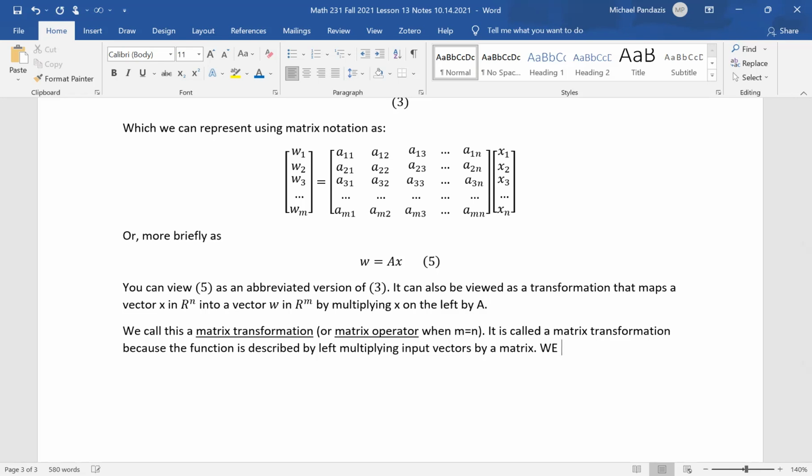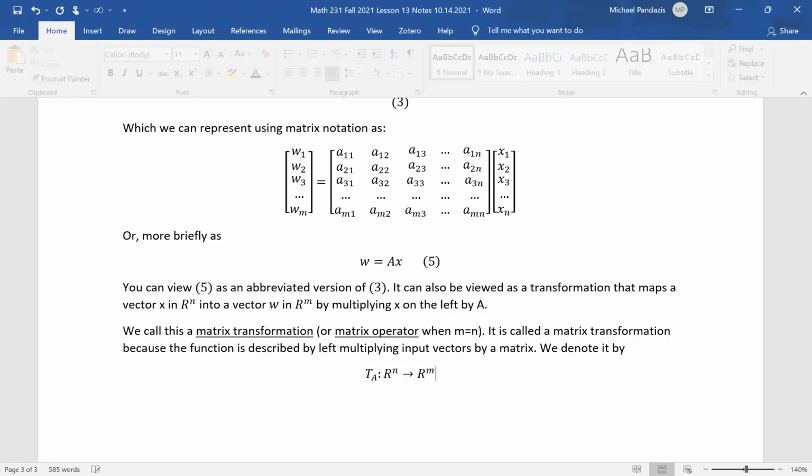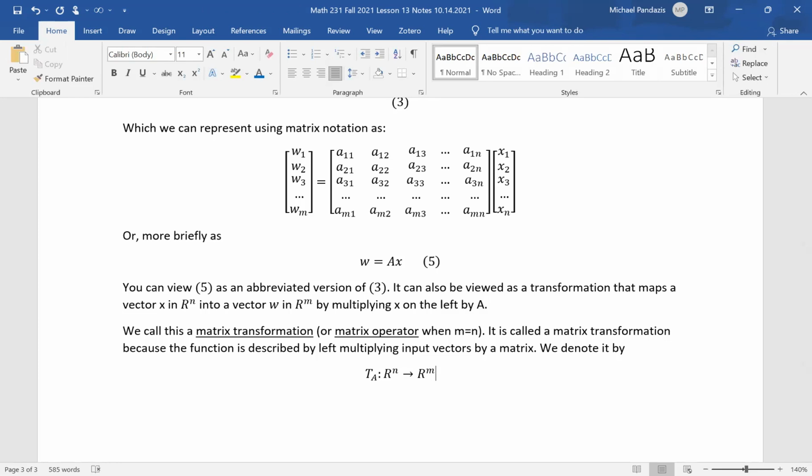Okay, so we denote a matrix transformation by T sub A colon Rn to Rm.